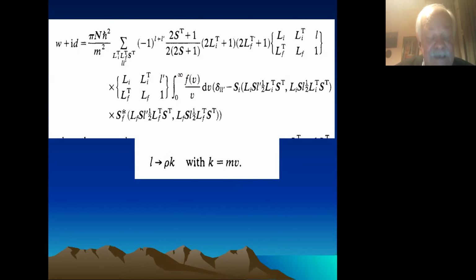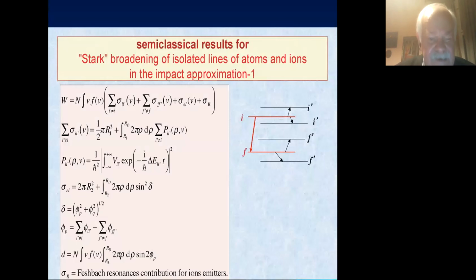Now the quantum mechanical method is not very widely used because of its complexity.